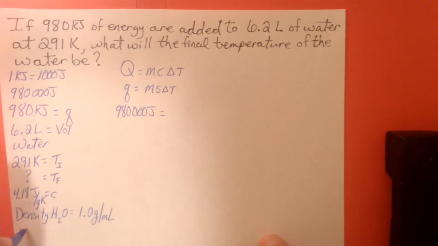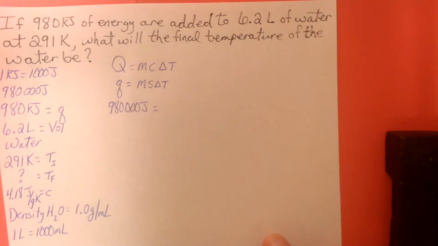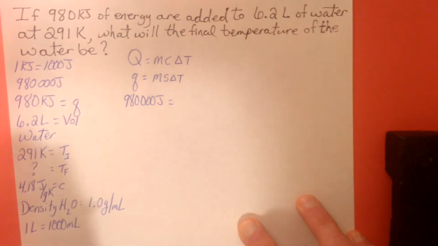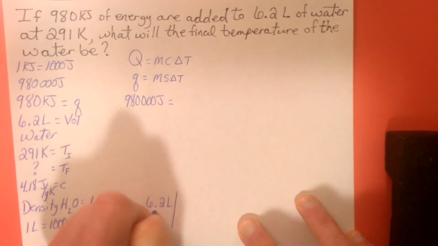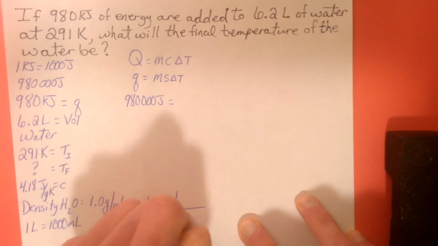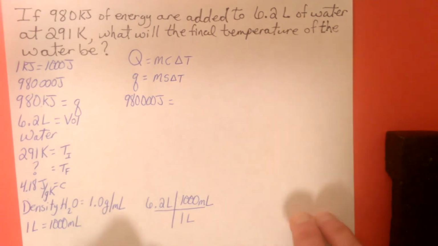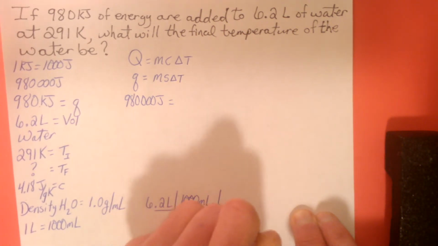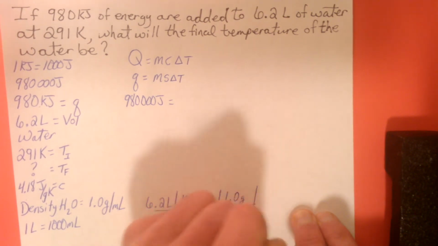Well, we know that 1 liter is equal to 1,000 milliliters. So we can determine that 6.2 liters, and 1 liter has 1,000 milliliters, and the density is 1 milliliter has a mass of 1.0 grams.